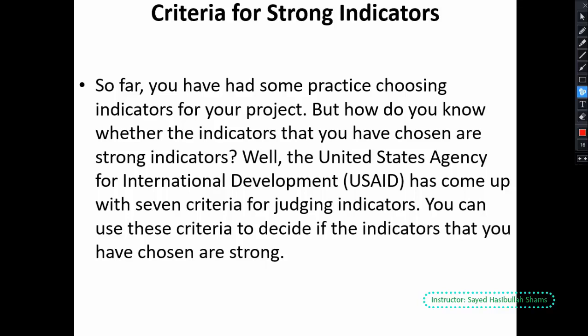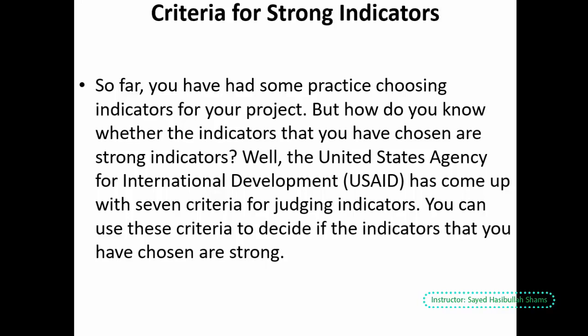If an indicator gets, for example, 7 out of 7, that is a very strong indicator, or if they get 4, 5, or 6, this will be a very strong indicator, and we must choose it for our project.